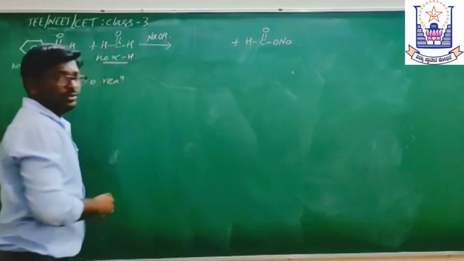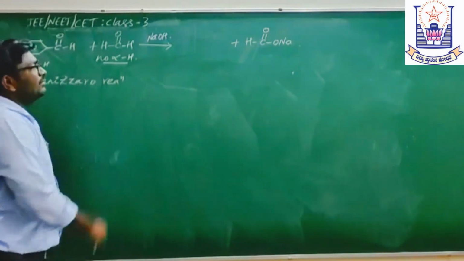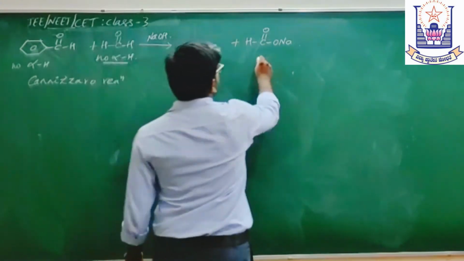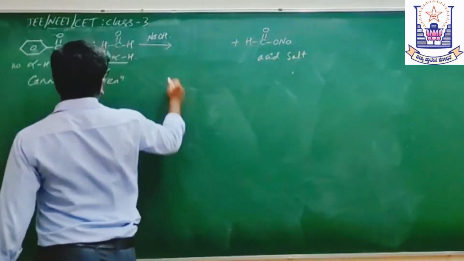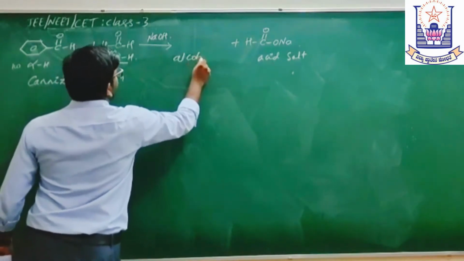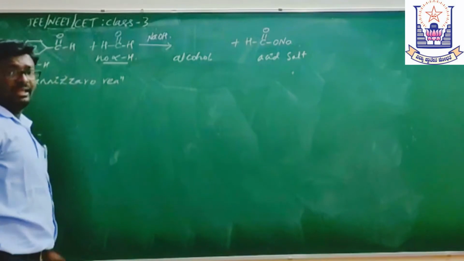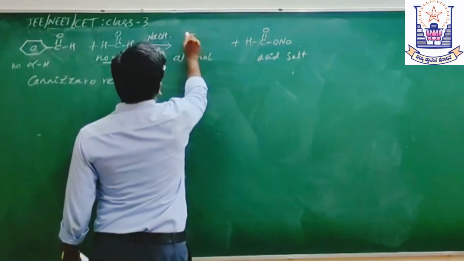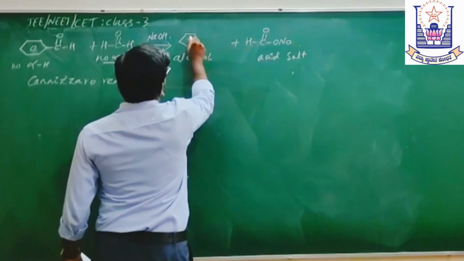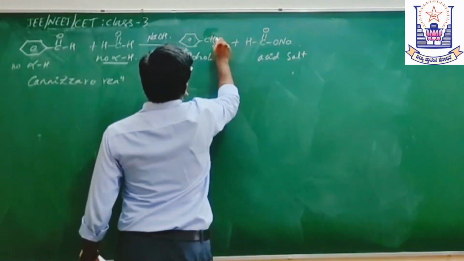In the Cannizzaro reaction, disproportionation takes place, which means the formation of an acid and the formation of an alcohol. Which one will undergo the alcohol formation? The benzaldehyde. It will give the corresponding alcohol, that is benzyl alcohol, C6H5CH2OH.